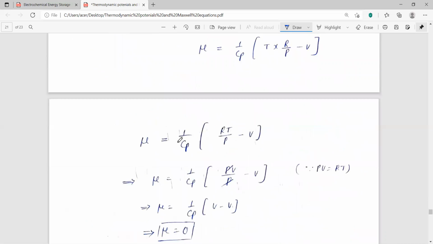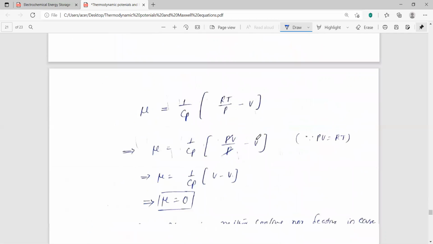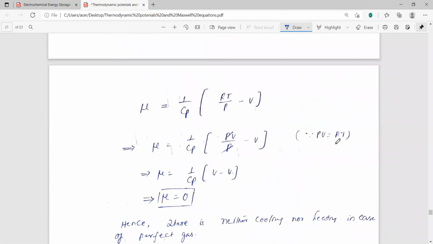That is, mu equal to 1 by Cp [RT by P minus V]. If you substitute PV in place of RT, as you know PV equal to RT, then T and P cancel out, and mu equal to 1 by Cp [V minus V].